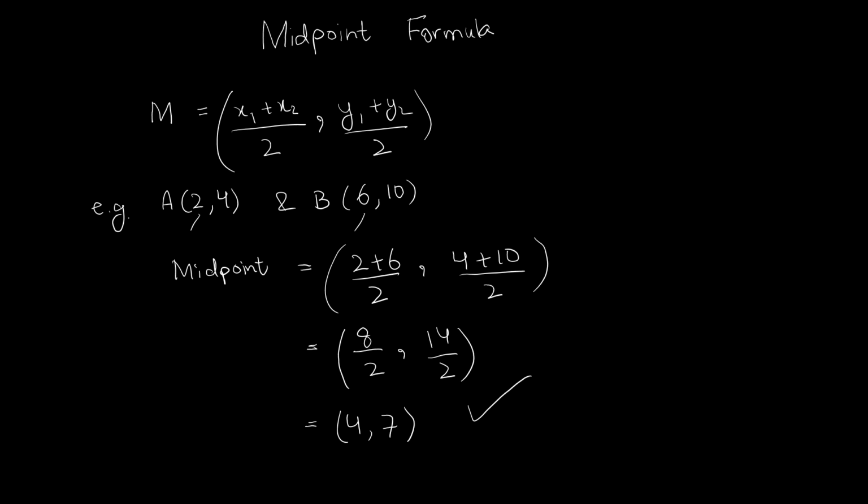Now, if a point P divides AB in the ratio, it's called the section formula.